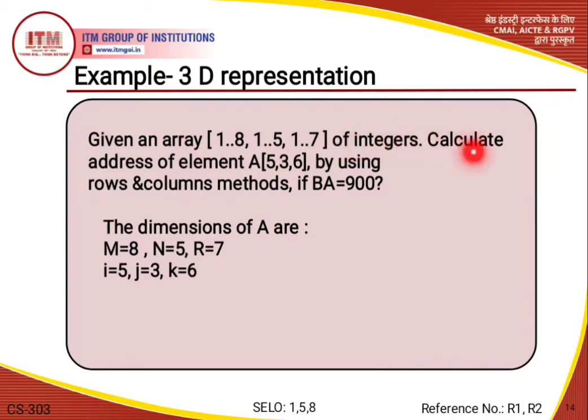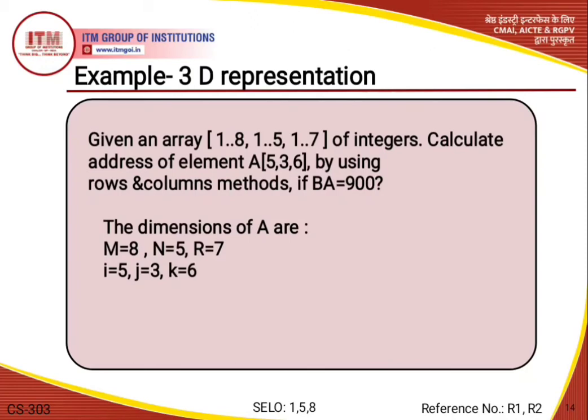Then we have to calculate the address of element A[5][3][6]. That means we have to find the location of this particular element in the array by using the row and column method, and BA is equal to 900.